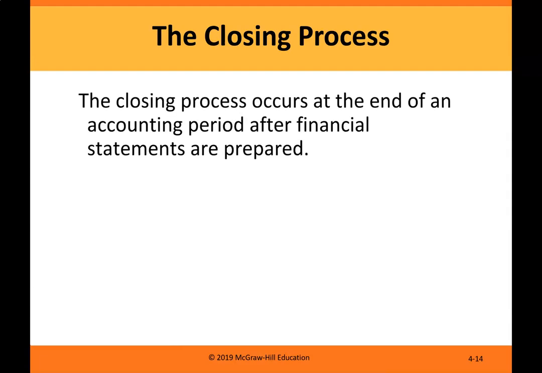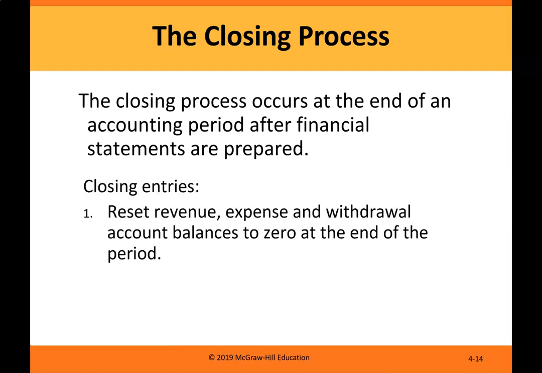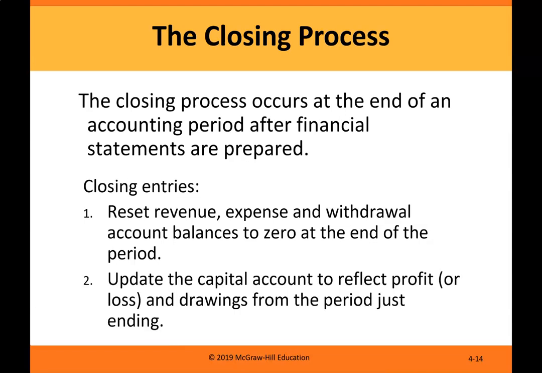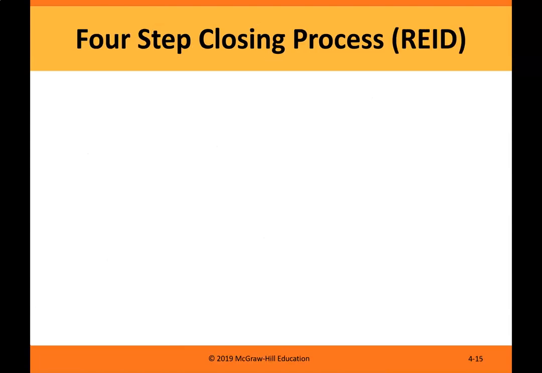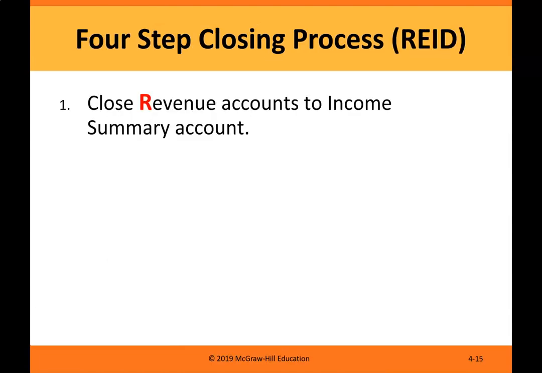The closing process. The closing process occurs at the end of an accounting period after financial statements are prepared. Closing entries. 1. Reset revenue, expenses, and withdrawal account balances to 0 at the end of the period. 2. Update the capital account to reflect profit or loss and drawings from the period just ended. 4-step closing process. 1.